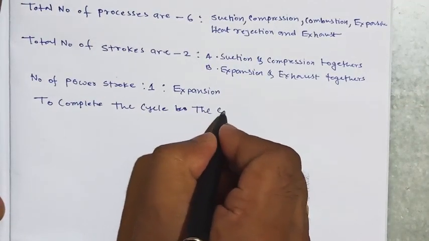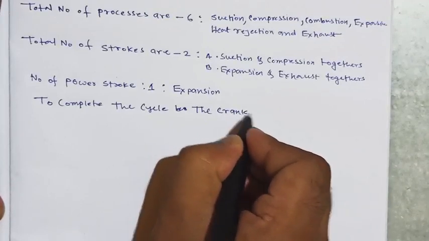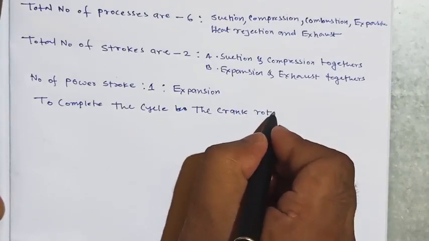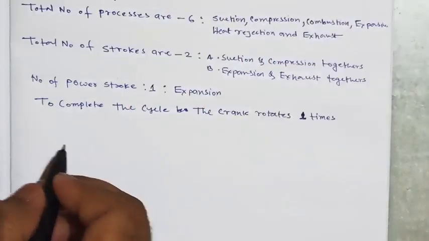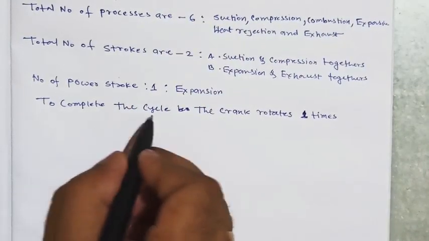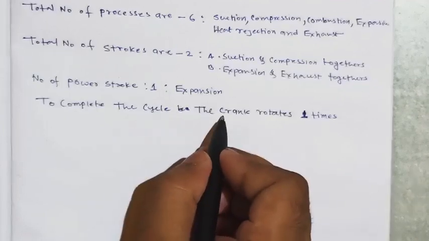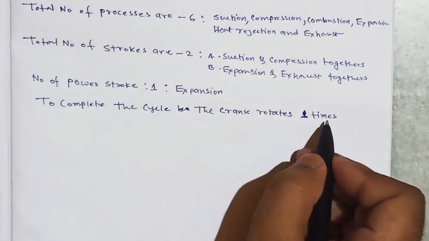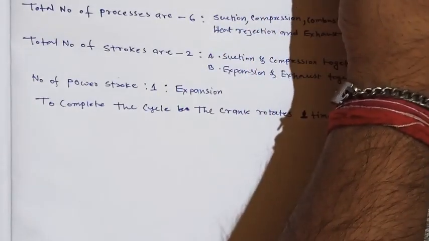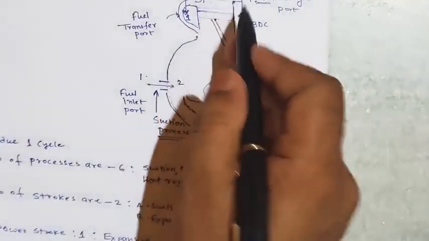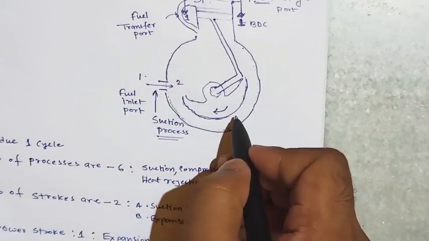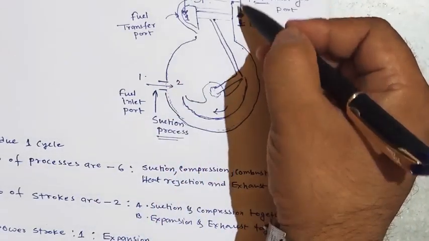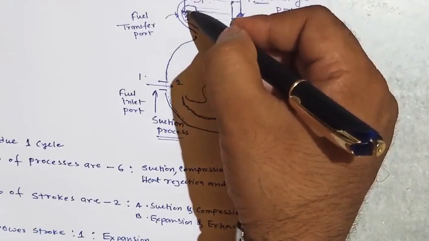the crank will rotate. Now to complete the cycle the crank rotates one time, because when all this process completes, the crank will rotate one time, that is 1 to 2 and 2 to 1.